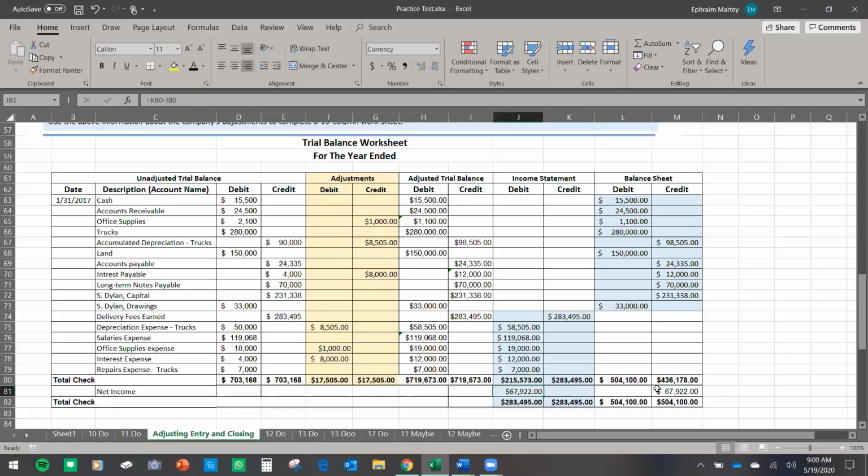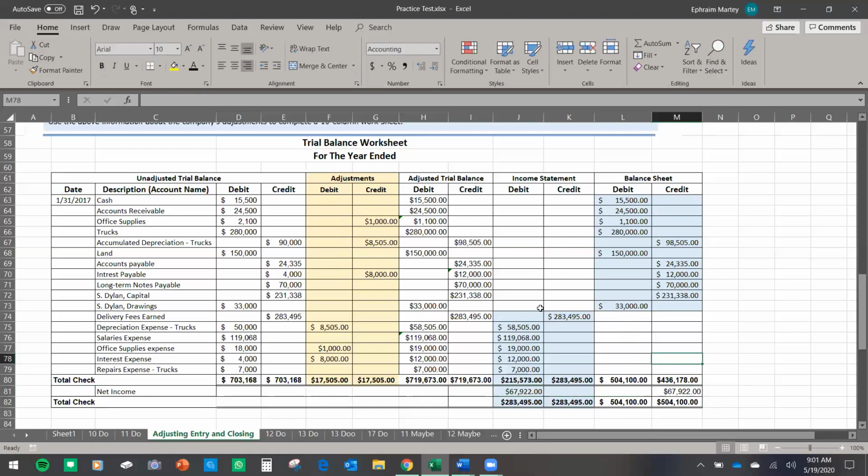What you can also do is just reference this, bring your net income here, and that also makes things work out. You just reference this to this, and at the end, this one will be equal. So you make that adjustment with your net income, and then those two will be equal.